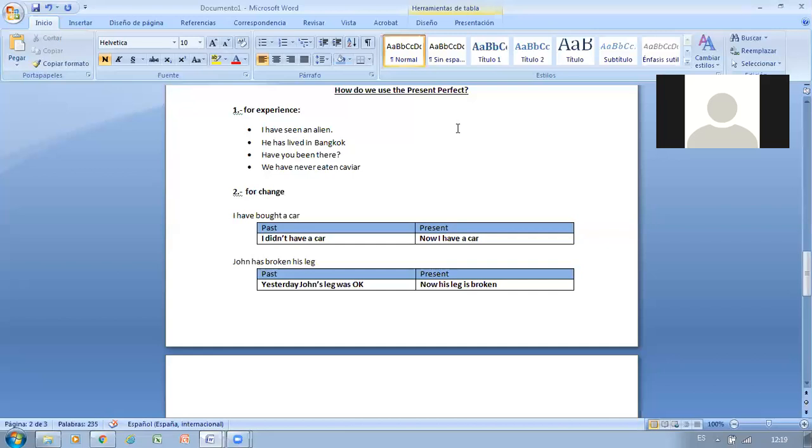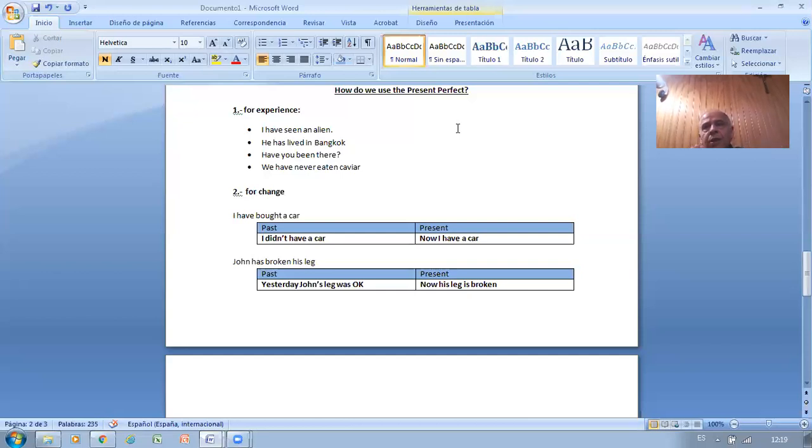But in English, when they talk about something that they have done lately, they can use both the simple past or the present perfect. So they can say, I bought a car, or I have bought a car.